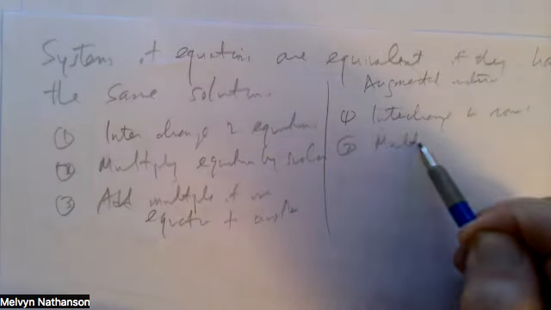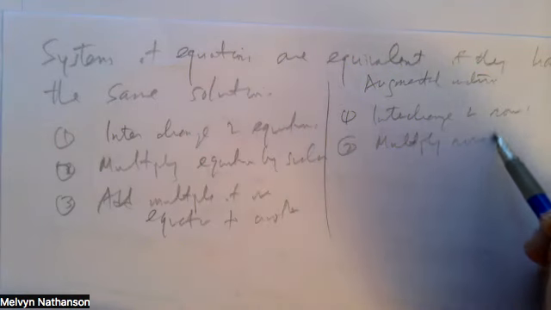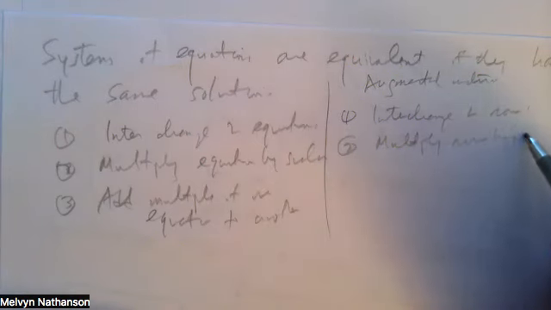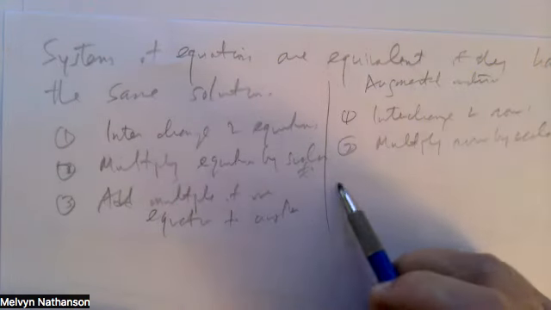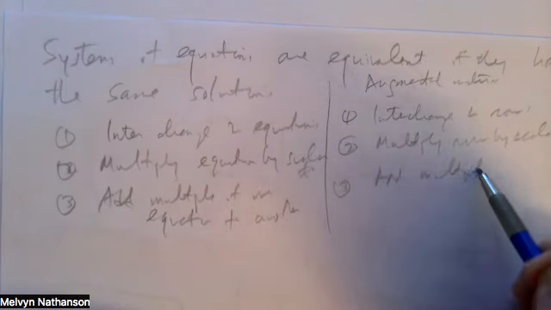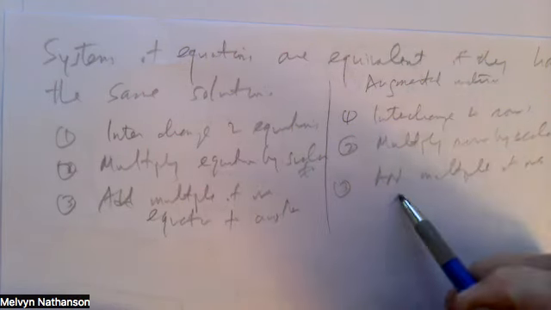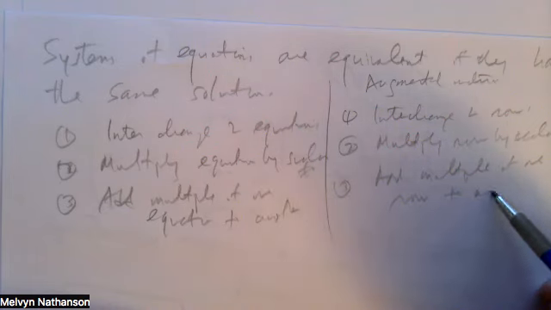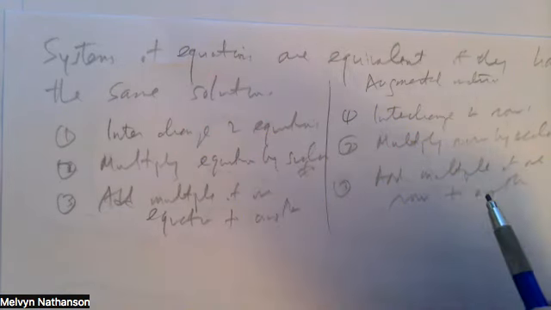You can multiply any row by a scalar, I should say always a non-zero scalar. And you can add a multiple of one row to another.